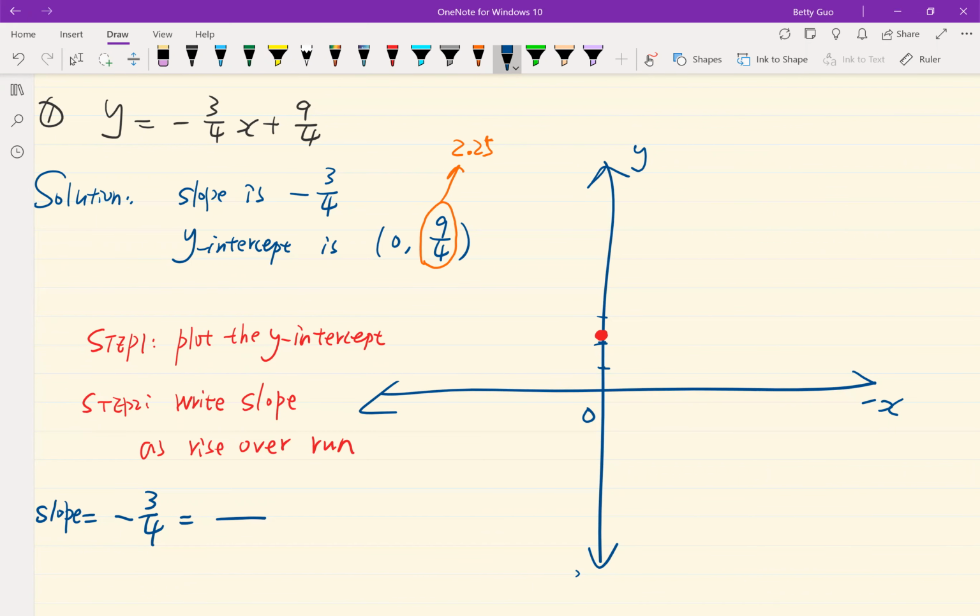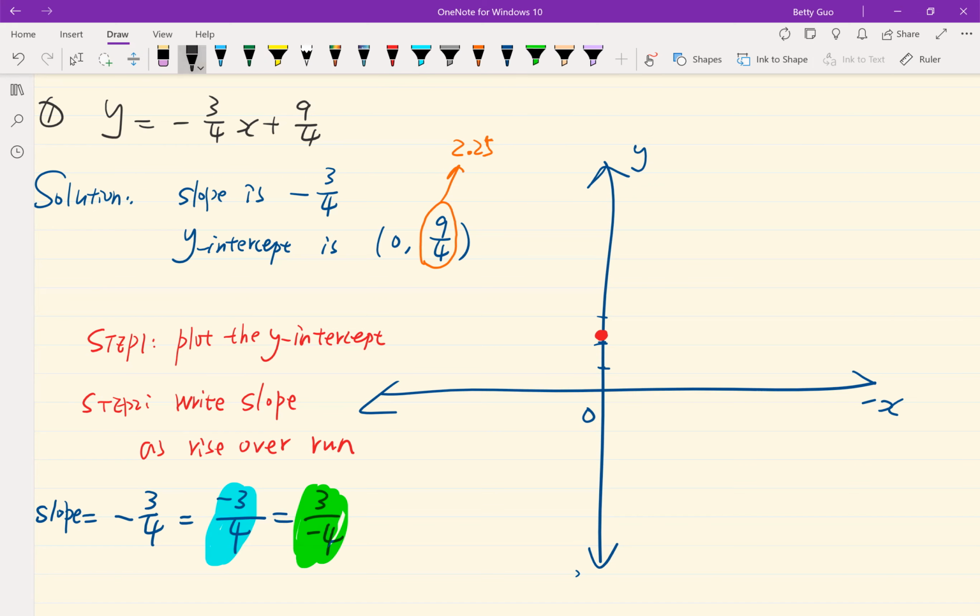You can write -3/4 as -3/4 or 3/-4, right? So you can either use this one or this one. It doesn't matter. Either way would work, okay? You write the slope as the quotient of two integers.